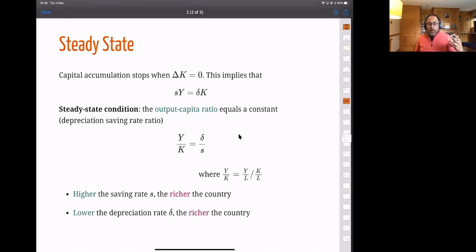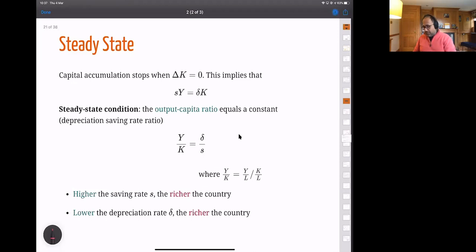This is true for a lot of other countries as well, that the war effort had destroyed capital stock. What we find is that both Japan and Germany, whose capital stock had been destroyed because of the war, grew at an exponential pace, and they caught up to the old capital stock level within a period of 10 to 15 years.